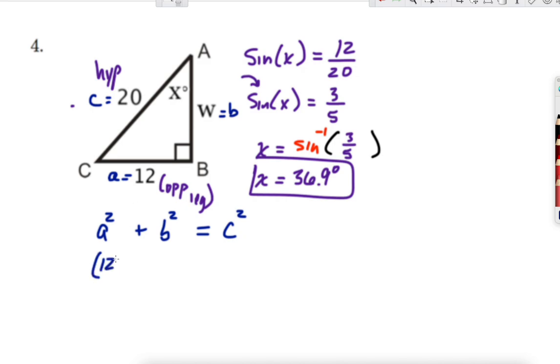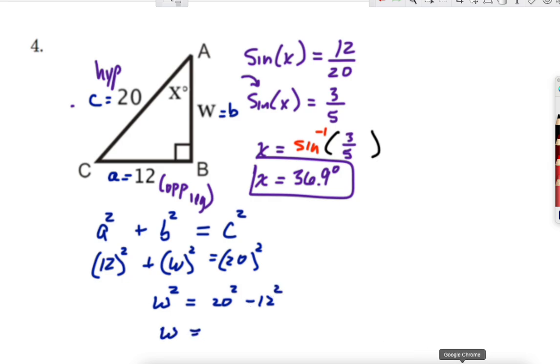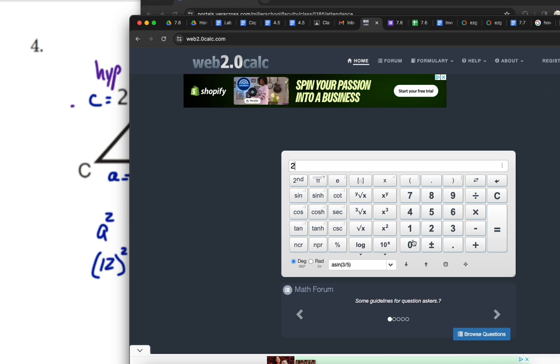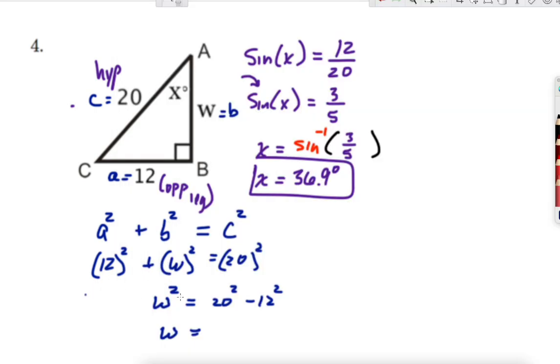So 12 squared plus w squared equals 20 squared. So w squared equals 20 squared minus 12 squared. And so 20 squared I know is 400, and 12 squared I know is 144, but just do this, 256.